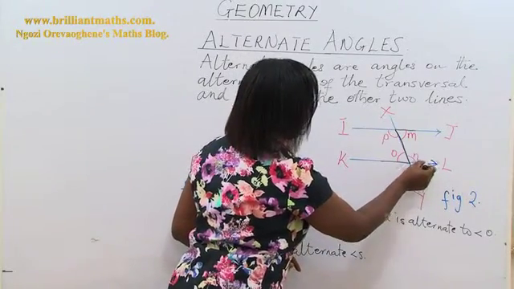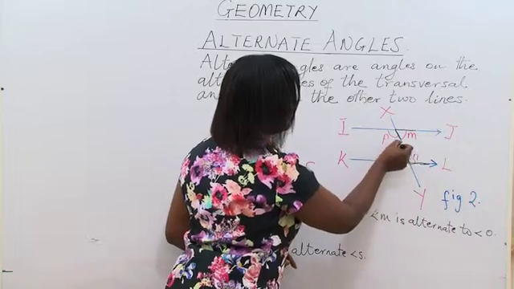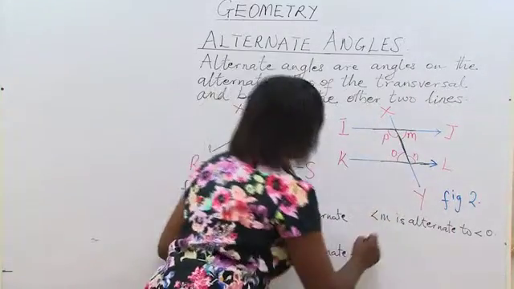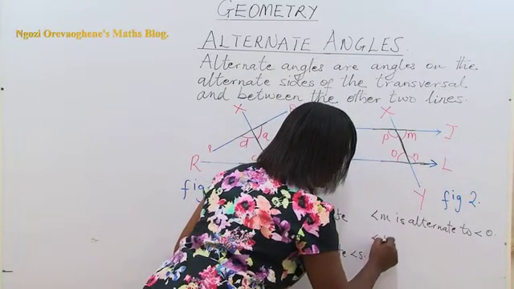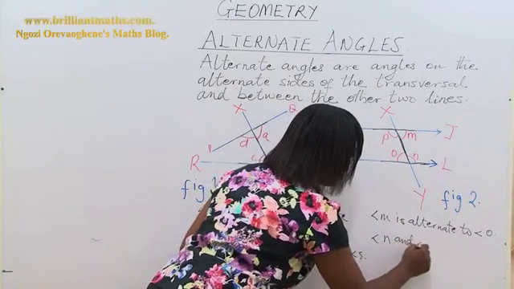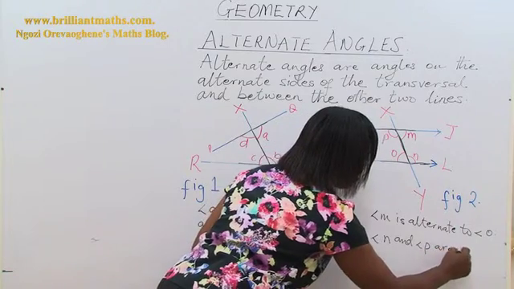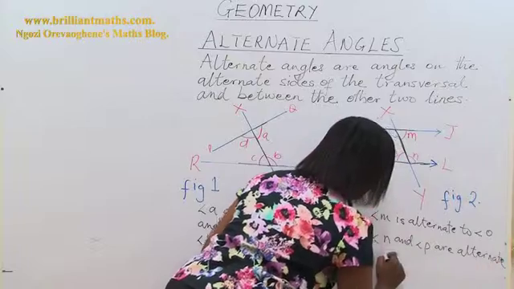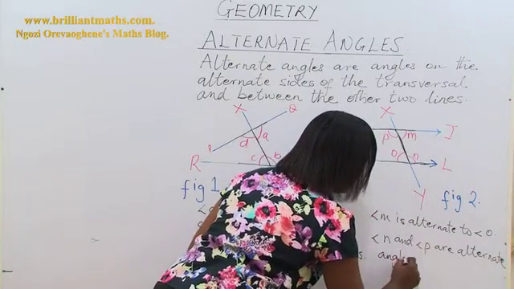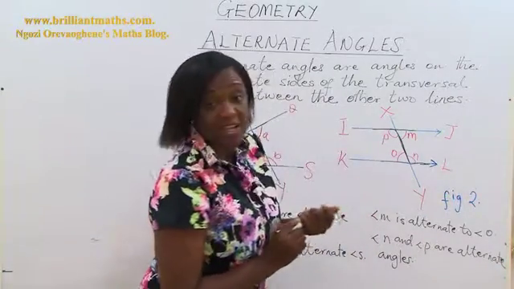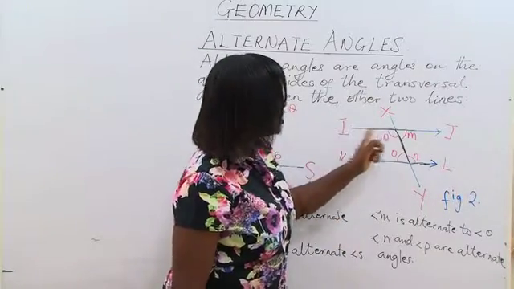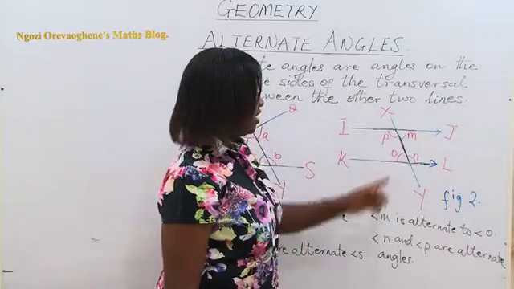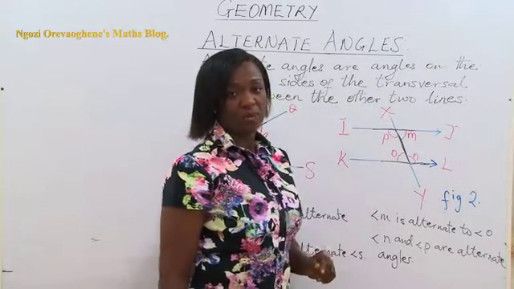Also, angle N and angle P are alternate angles. But in this case, because the lines that have formed the angles are parallel lines, the alternate angles are equal.